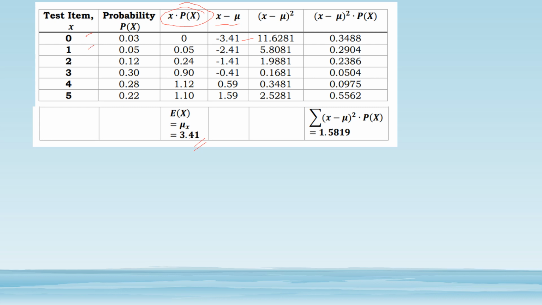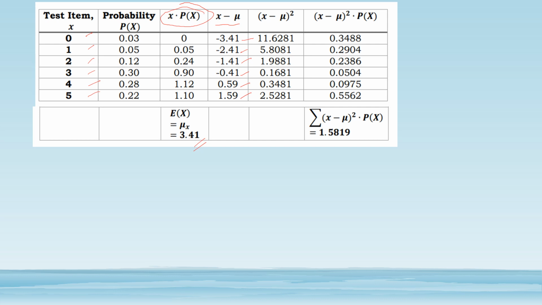1 minus 3.41 is negative 2.41. 2 minus 3.41 is negative 1.41. 3 minus 3.41 is negative 0.41. 4 minus 3.41 is 0.59. And 5 minus 3.41 is 1.59.